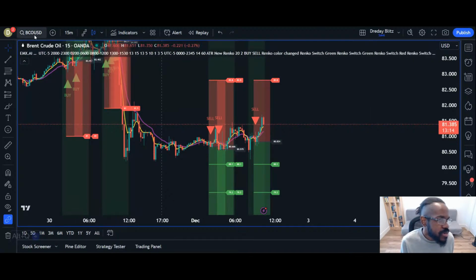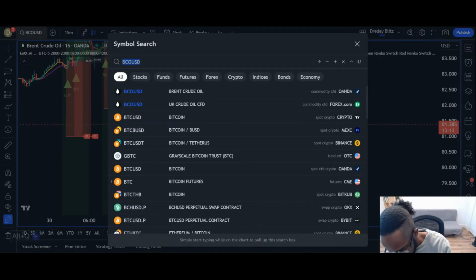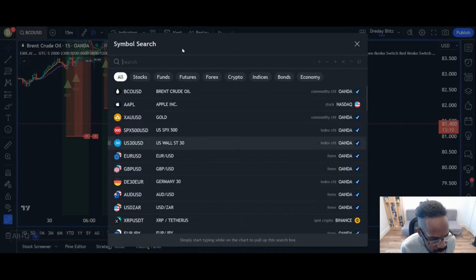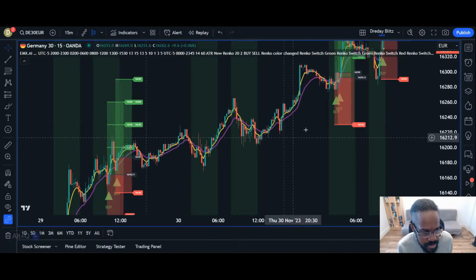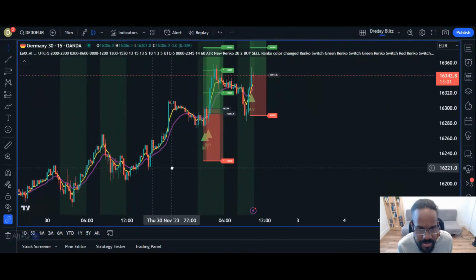But the settings are not right. I'm just looking at other markets like that, but for sure we need to adjust a few things in the settings so that it makes more sense for you guys.